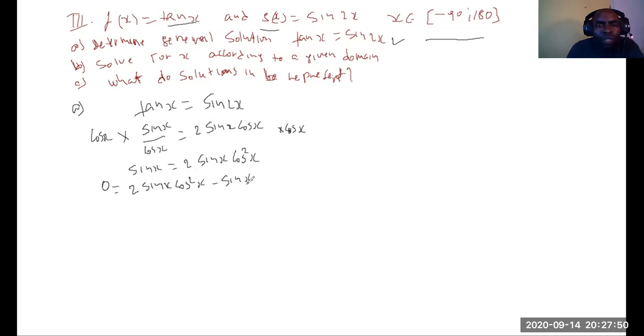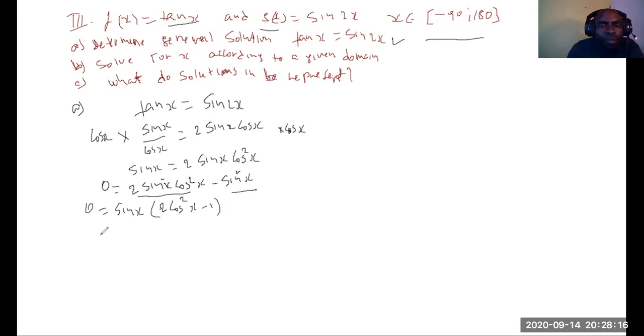Because here we've got 2 terms, and something is common, sin x. So we can have 0 equals sin x times (2 cos square x minus 1).